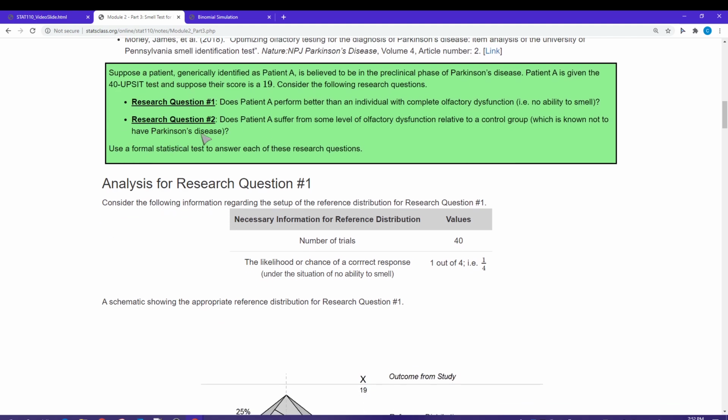Does patient A perform better than an individual that cannot smell at all, that is, one with complete olfactory dysfunction? We're going to answer that first. The second question is, does patient A suffer from some level of olfactory dysfunction relative to the control group? The control group is a group of individuals that are known not to have Parkinson's disease.